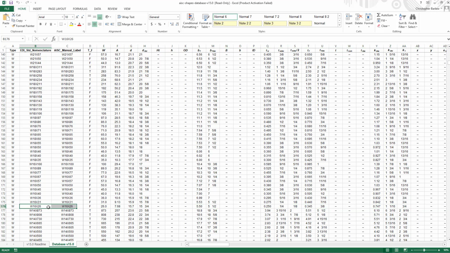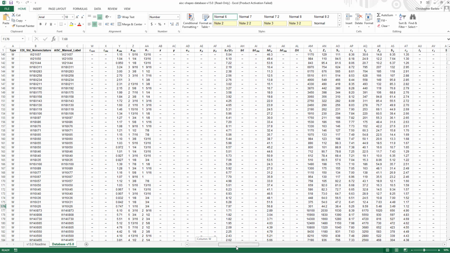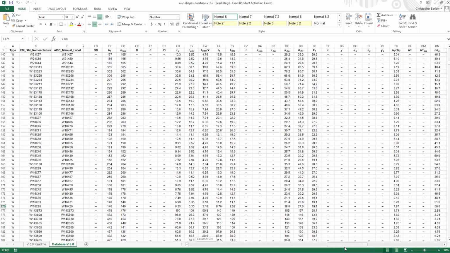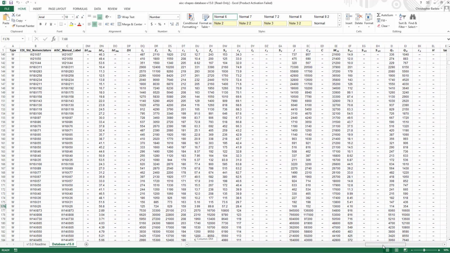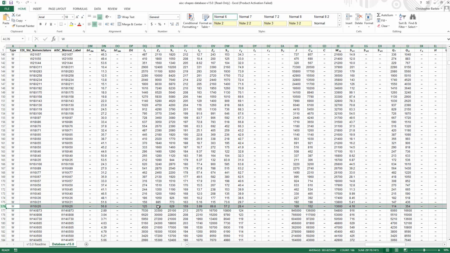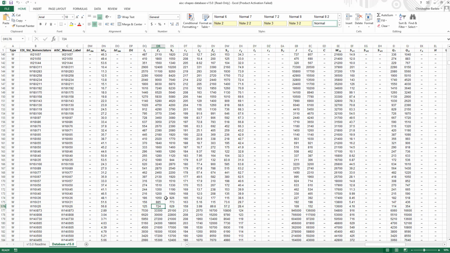So for example, for a W16 by 26 beam, it has an area of 7.68 inches squared, and if we continue moving to the right here, eventually we will find Z values, the plastic section modulus. And a W16 by 26 beam has a plastic section modulus of 724 inches cubed.